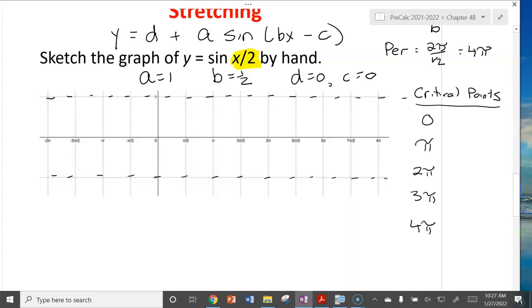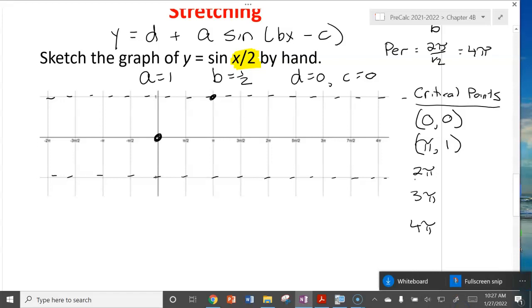Sine function, my first critical point is an x-axis crossing, so it's 0, 0. That's my first one, right there. My next critical point is a maximum. My amplitude is 1, so I just put in 1. So at pi, I'm at 1. My next critical point for a sine function is a crossing. So I put 0. So that's right there.